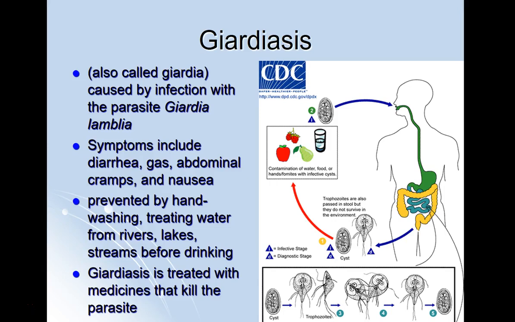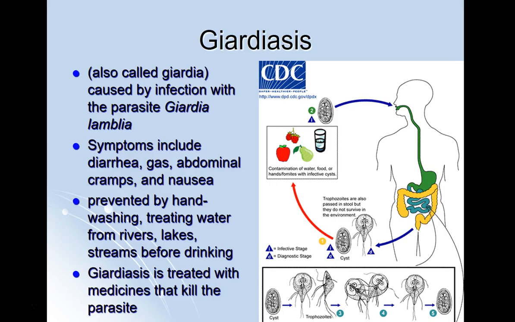Now, this is obviously more common where clean and safe drinking water isn't available. So think about countries that are lacking in clean drinking water. But even here in the United States, in rivers and lakes, you can catch this parasite.